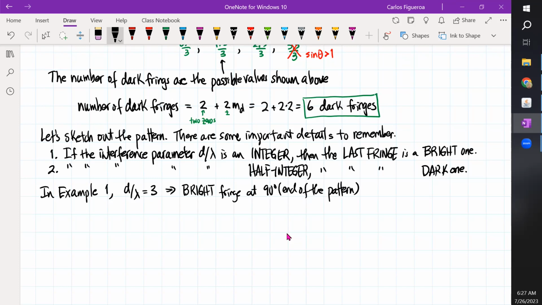So here we go. We know that we have 7 brights, and we know that we have 6 darks. So let's start drawing these out. I'm going to try to center this.